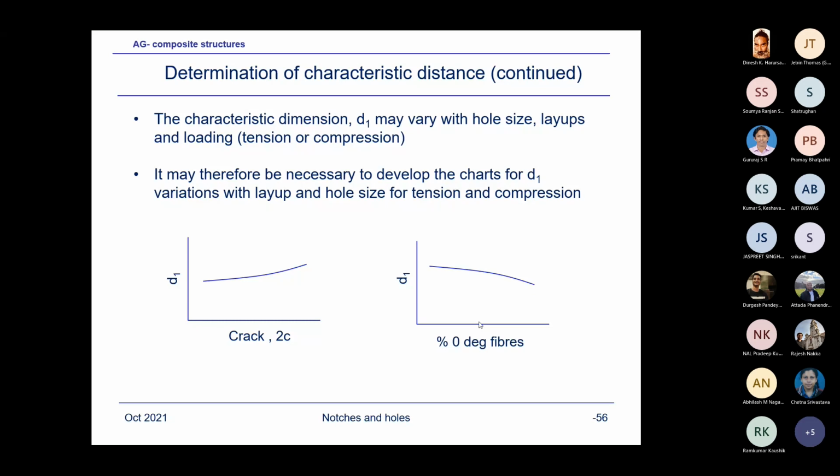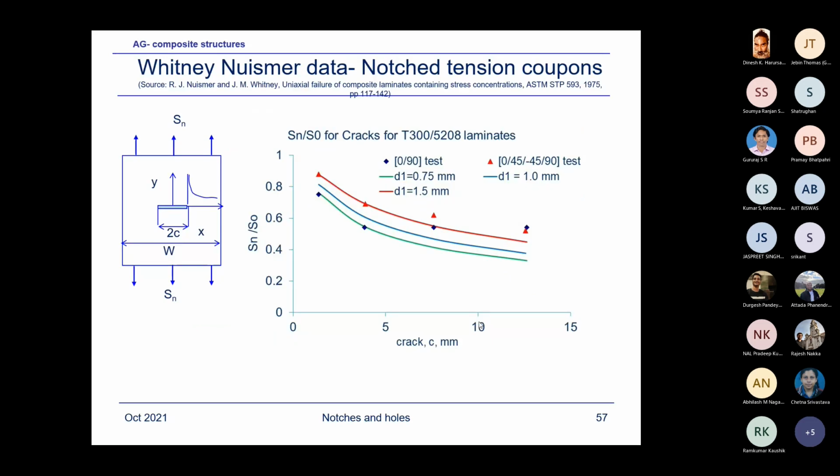Okay, now some test data comparisons. This I have taken from the original paper by Whitney and Nuismer, data for tension coupons, and as you can see, there are two different types of coupons, 0/90 and 0/45/-45/90, which is quasi-isotropic. And you can see here, red ones for quasi-isotropic and blue ones for 0/90.